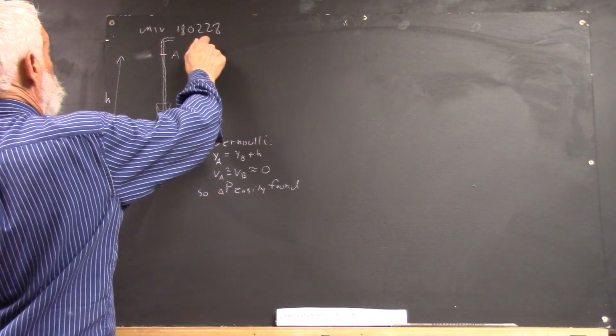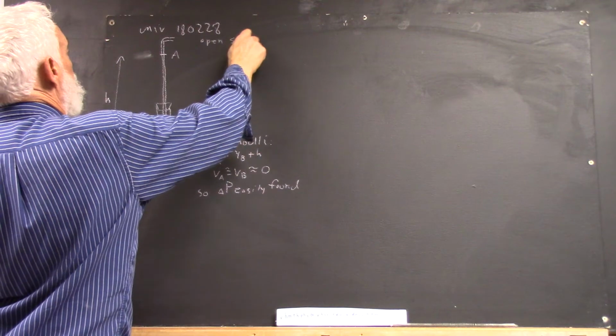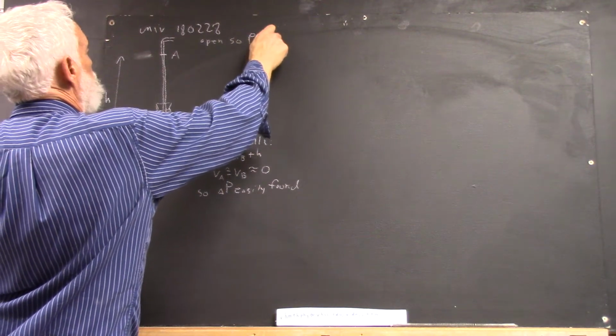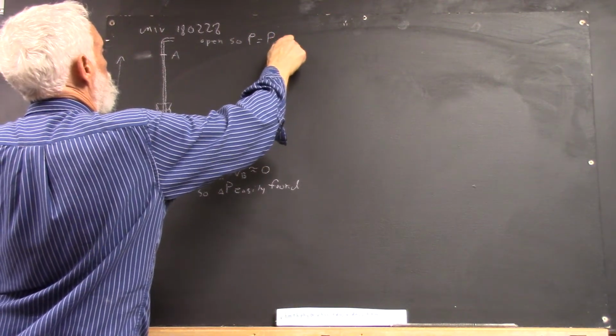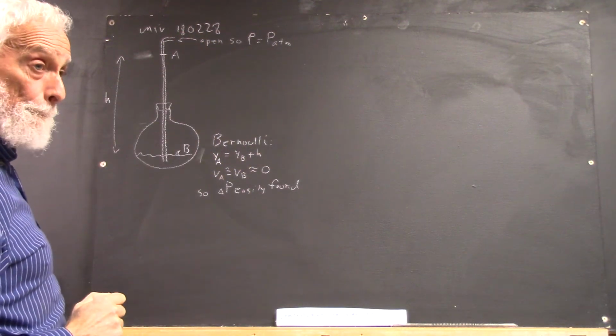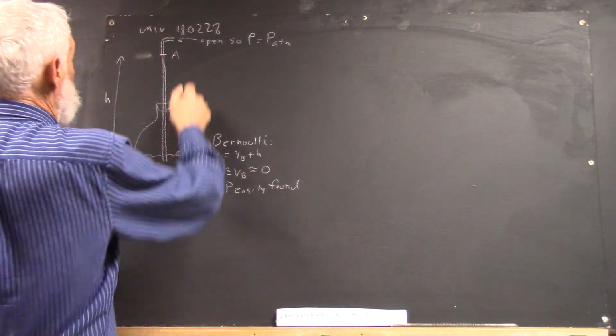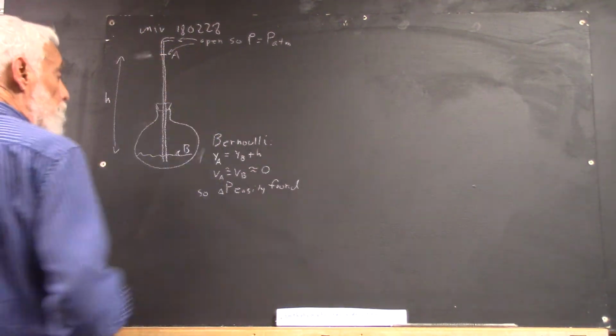Now, this is an open tube. So the pressure here equals atmospheric pressure at the open end, and the tube is open from here to here, so it's also equal to this.